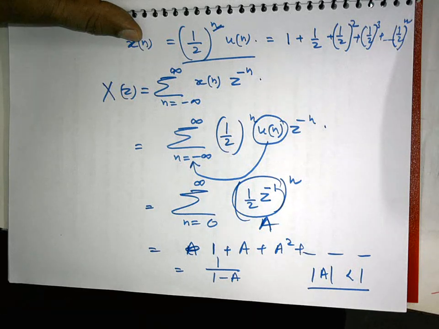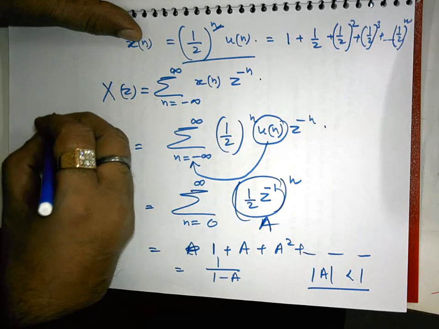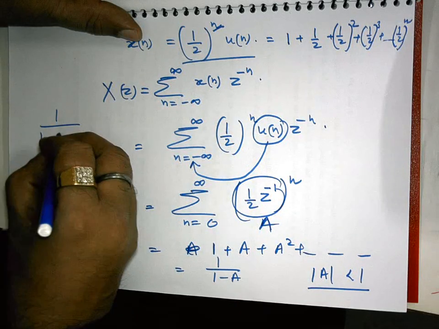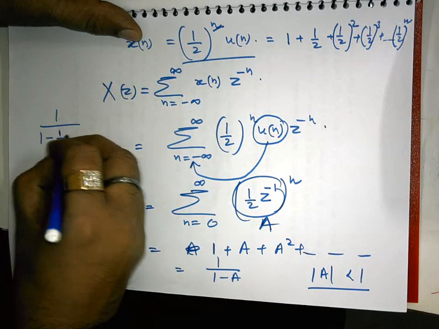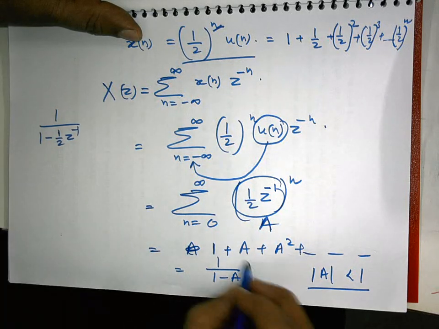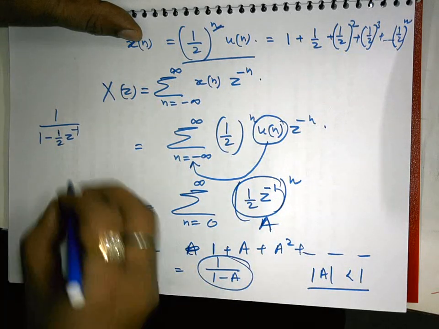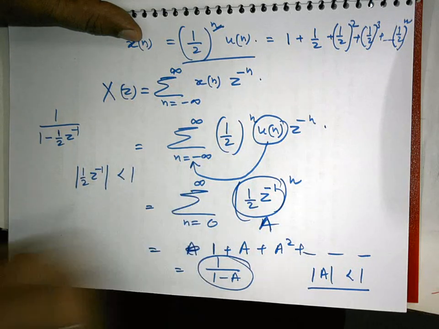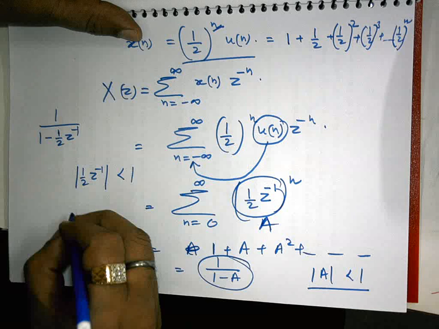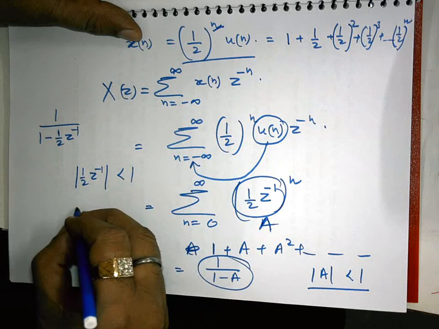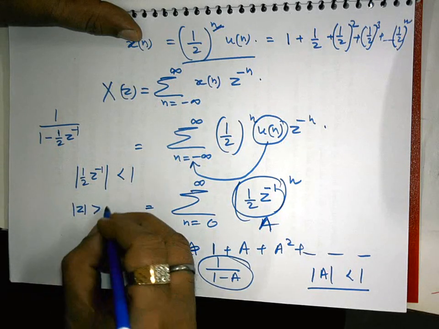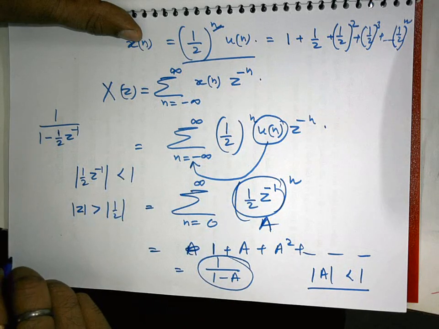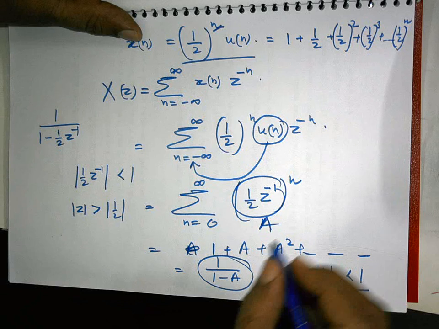So what is the value of a here? It is 1 over 1 minus half z inverse, provided mod of half z inverse is less than 1. What does it mean? It means that mod z is greater than half.